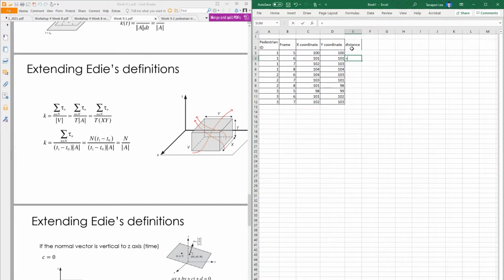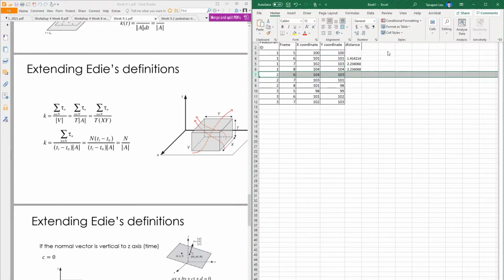So the distance is the square root of the difference between x squared plus the difference between y squared, and we can do this.